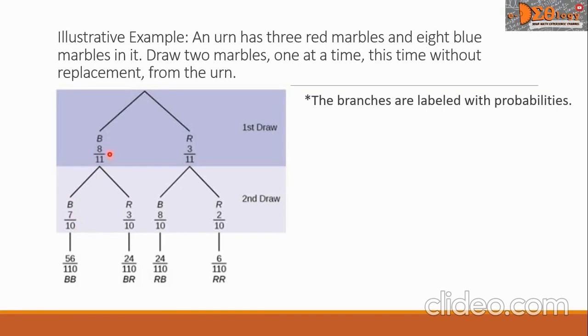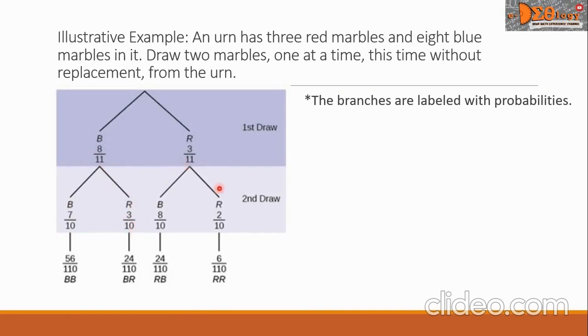Also, before the total is 11, but since we are not returning that first marble, 11 minus 1 becomes 10. So this is 7/10. The second branch represents the probability of taking a red marble. There are 3 red marbles over 10.